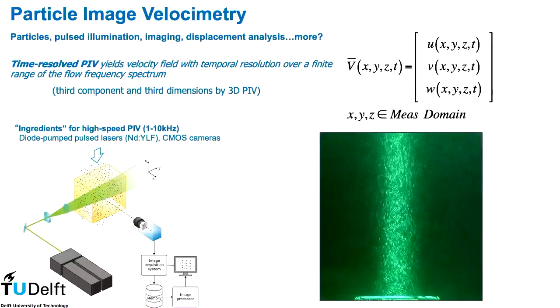I think many of you must be familiar at least with the concept. You put these sparse particles in the flow. They should be small enough that they follow the flow with fidelity. Then you illuminate them in a confined region of space, over a sheet in the previous setups.